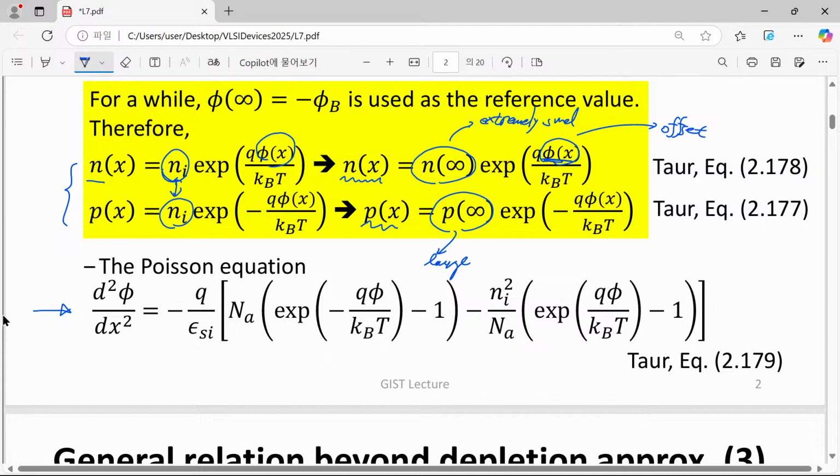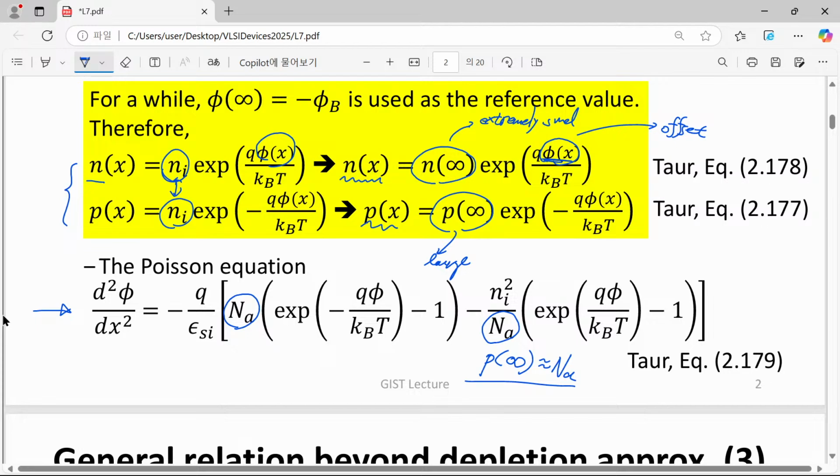So anyway, now we have this Poisson equation, and previously I told you that this equation is quite accurate without approximation. So I have to modify my statement. Instead of exact number, there is an approximation like p at infinity is approximated as acceptor doping, but I think that this is really acceptable.